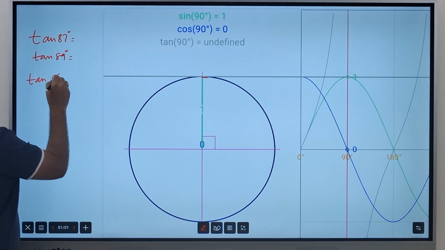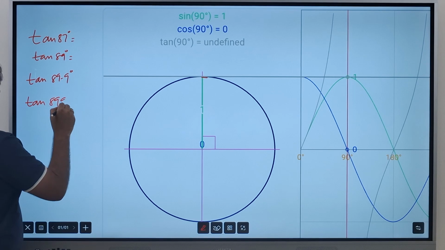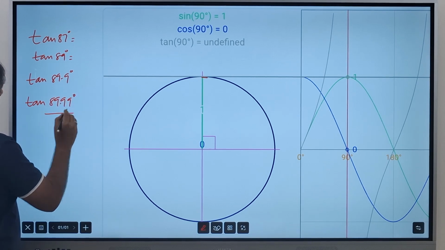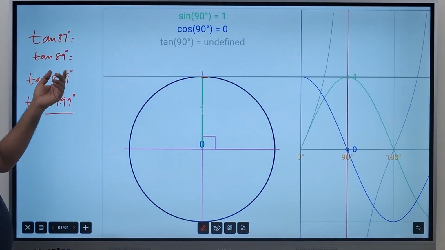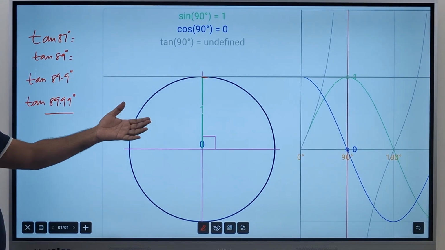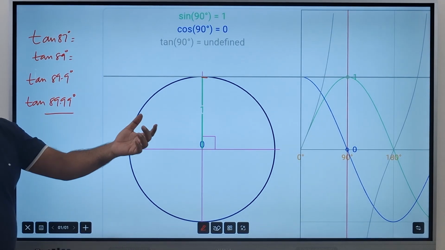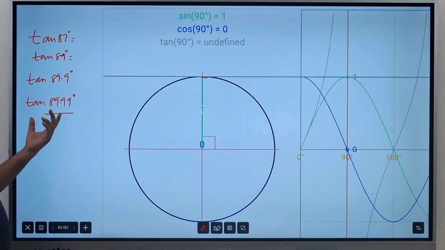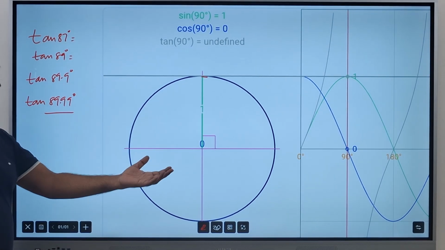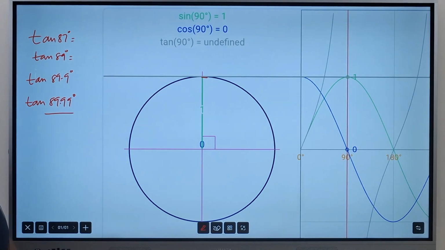Calculate tan 89.9 degrees, calculate tan 89.99 degrees. See what values you are getting. The values are increasing. Tan 89 degrees is around 57 or 58, but tan 89.9 becomes greater than 570. Tan 89.99 becomes greater than, I don't know, maybe 5,000 or 6,000.